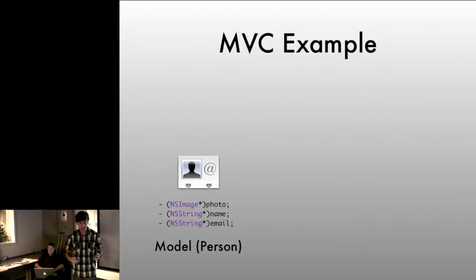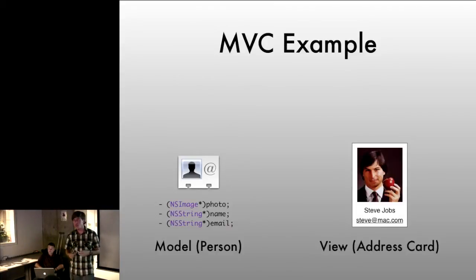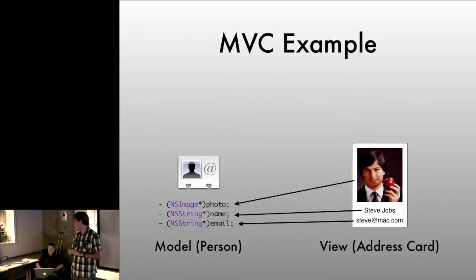Okay, so to give you a slightly more concrete example of MVC, suppose we're writing an address book application. Our model is probably a person that has a name, a photo, and an email. And here's maybe what our view looks like. And you might be tempted to have that view communicate directly with the model to get its data.